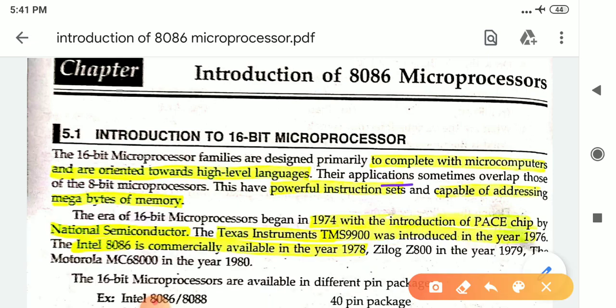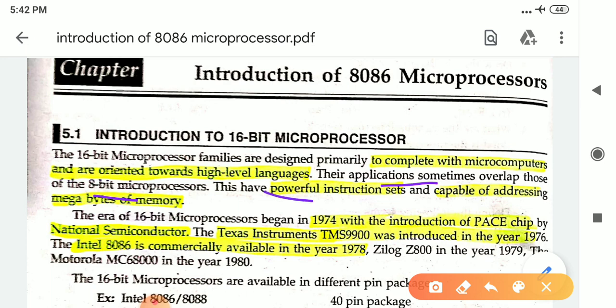Next, their applications sometimes overlap those of the 8-bit microprocessor. That means it is the modified version of the 8-bit microprocessor, the 8085.